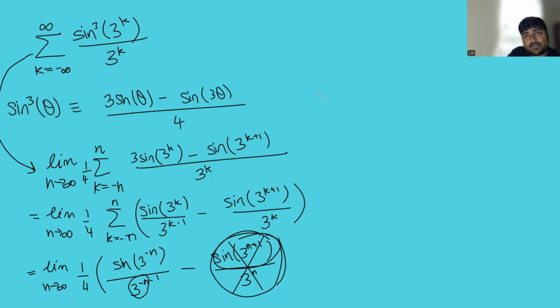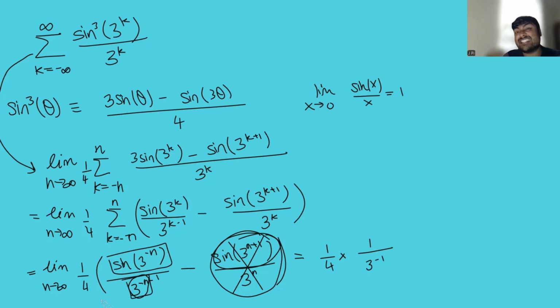And now it's a pretty famous result that the limit as x tends to 0 of sine of x over x equals 1. And so therefore, this part here is going to tend towards 1, and I'm just left with this little minus 1 term there. So it's 1 over 4 times 1 over 3 to the minus 1, and that is just 3 quarters.